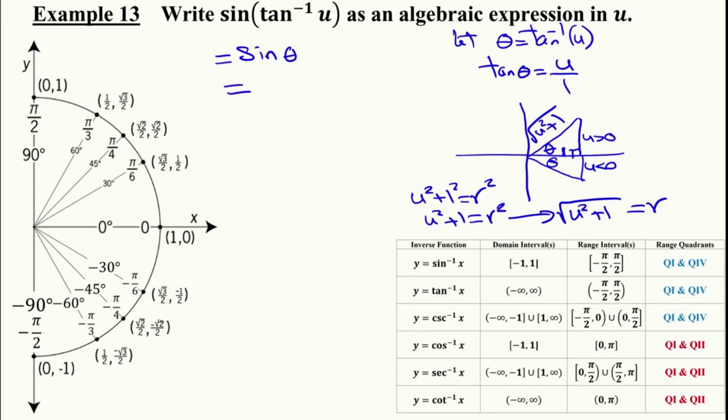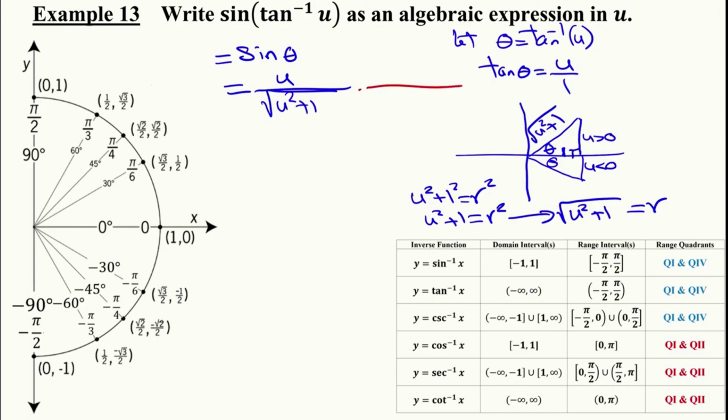So that's going to be u over square root of u squared plus 1. Just remember, we don't leave answers that are not rationalized in the denominator, so we're going to go ahead and do that.